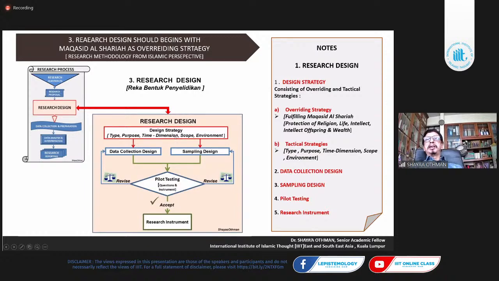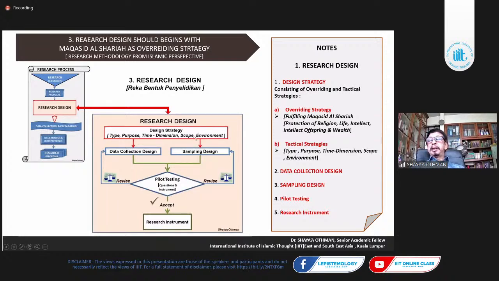Maybe the time dimension is within 6 months of your data collection and so on, or your research in terms of data collection is based on behavior, for example, psychologists, based on a certain time dimension. Then the scope of your research within your reach, and the environment of research.